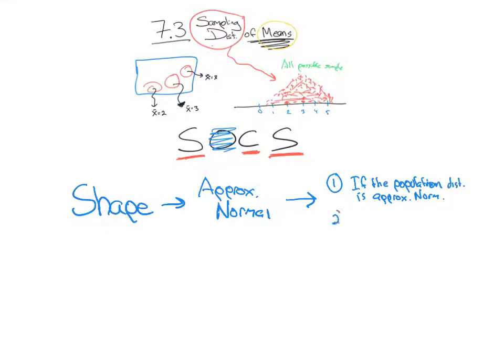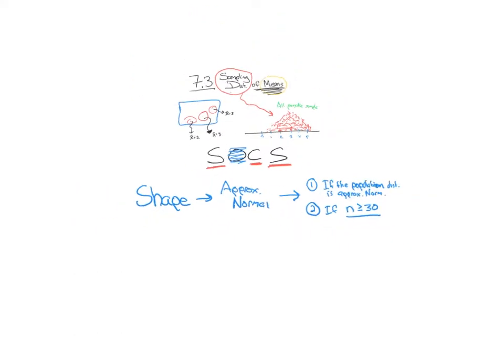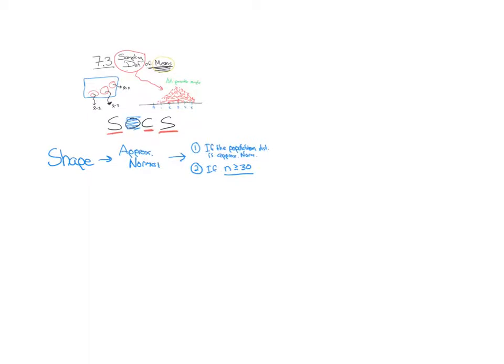What if it's not? There's a secondary check that we can say: if the sample size is greater than or equal to 30. Well, that is strange. Let's take a little side tangent here. Why is this true if n is greater than or equal to 30? Well, what researchers have found is that they just messed with different sample sizes.